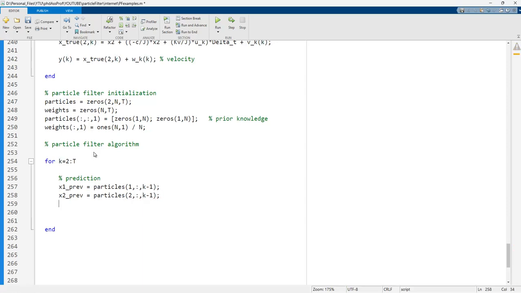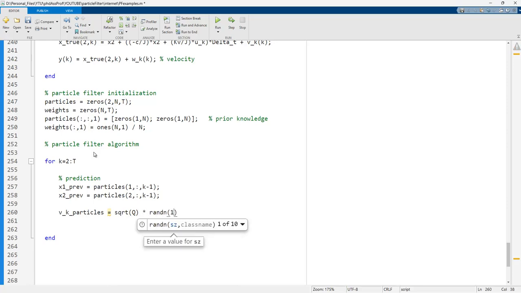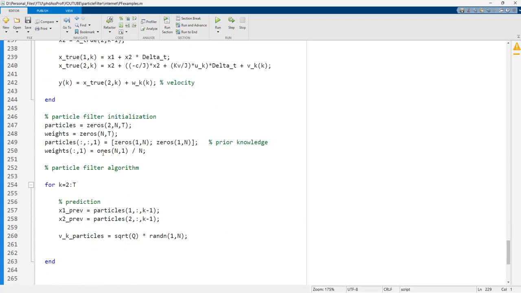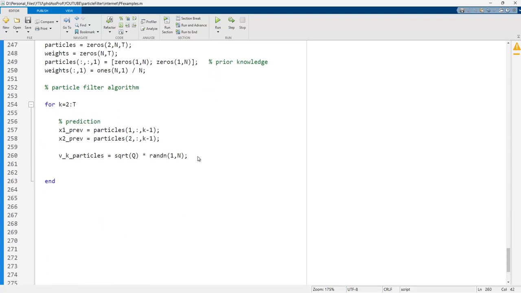And vk particles must be equal to sqrt Q times randn 1 by N. This randn function generates different values from this one, this is important.